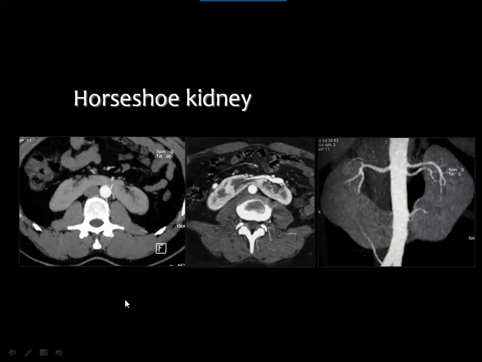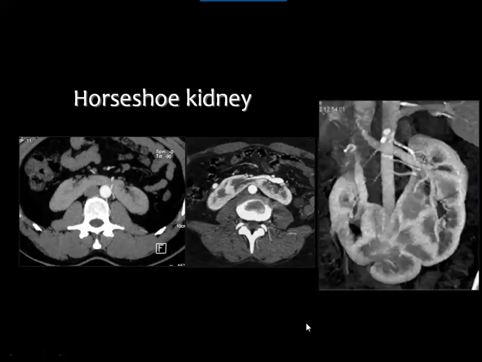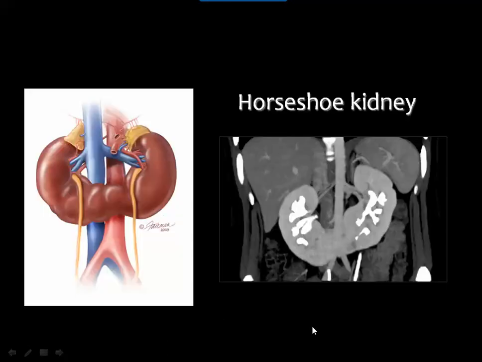And you can diagnose horseshoe kidney by CT. This is the connection of both moieties across the midline, and this is the reconstructed image showing the vascular supply for each moiety. And this is also a reconstructed CT image showing the venous drainage, the left renal vein and the right renal vein.